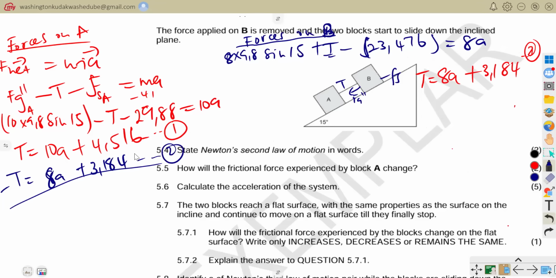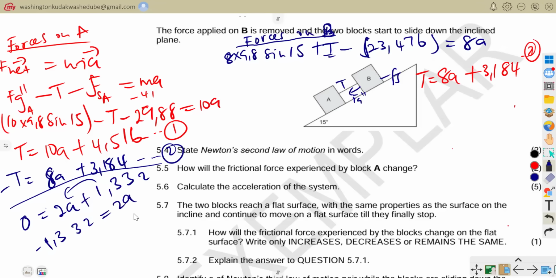I'll subtract 2 from 1, so if I do T minus that one, I would have 0 here, and then here I would have 2a, and then here, if I subtract that, I would have plus 1.332. If I take this one to the other side and later divide by 2, it would be a negative 1.33.